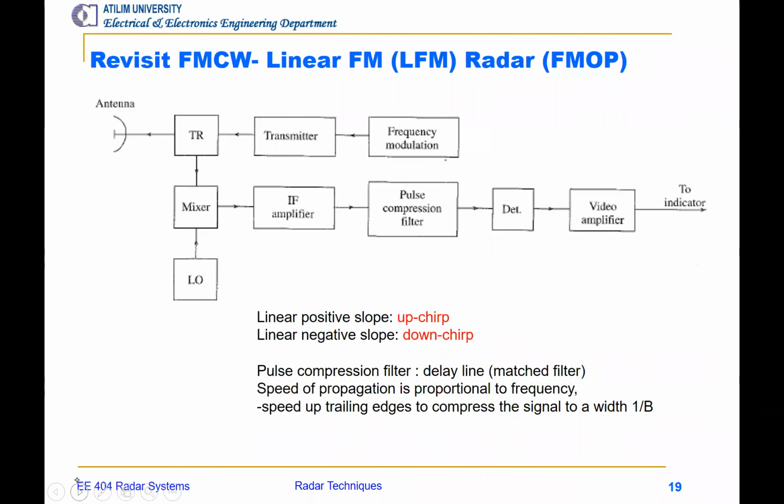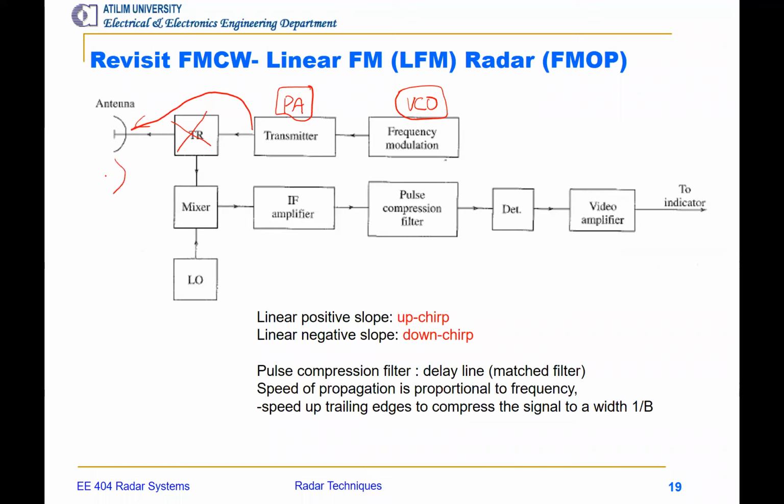So here is FMCW radar. We have already studied this in the laboratory, as you might remember. We use a VCO as a generator, and then we use a power amplifier here, and then we have an antenna directly connected to it. We do not have a TR module in the laboratory.